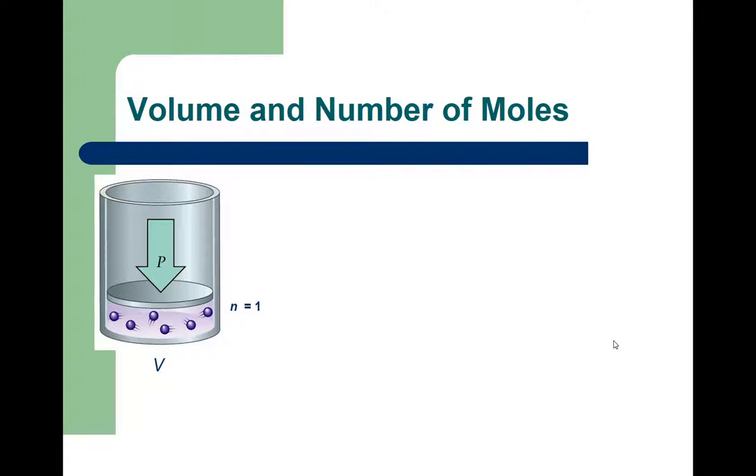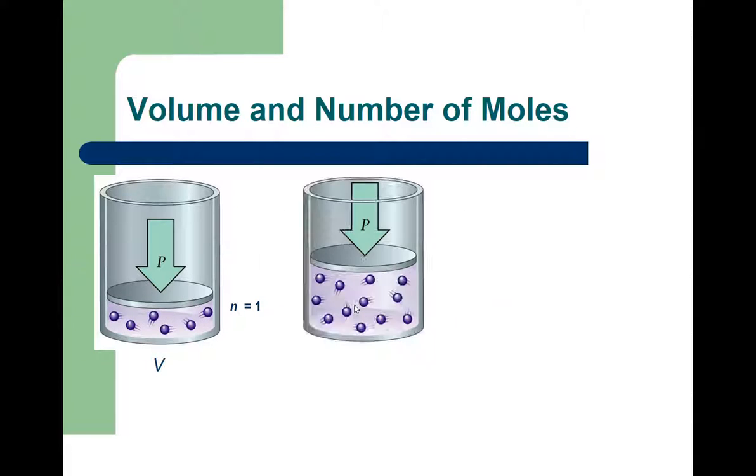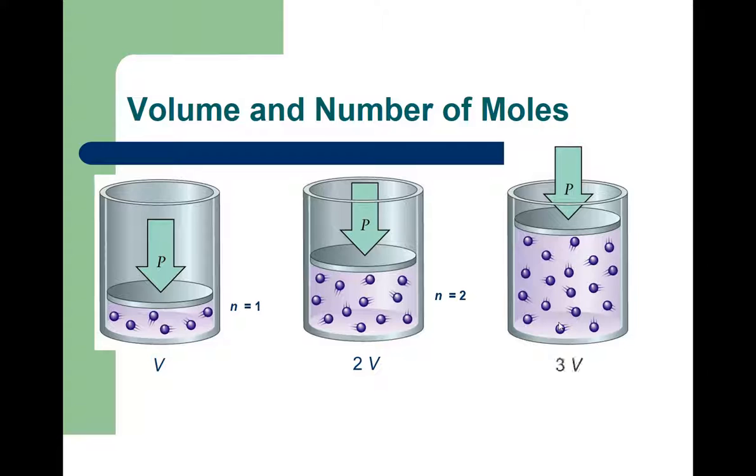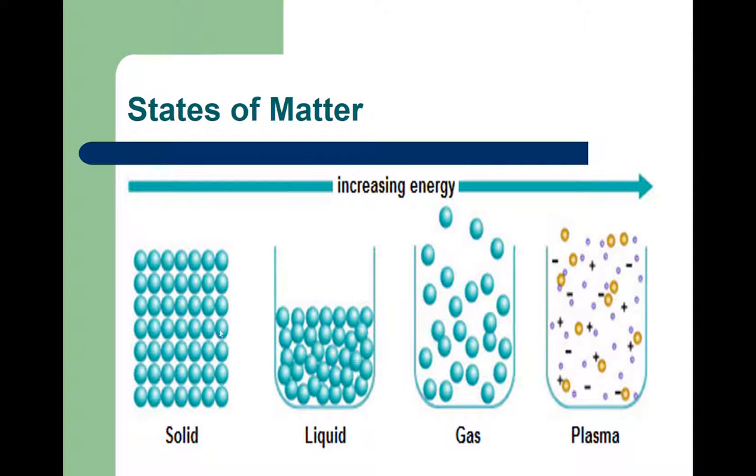So if we look at volumes, there's nothing really to write down right here, we're just using our heads right now. N is considered moles. So if I have 1 mole of some gas in here, I have a certain volume and a certain pressure. If I increase that to 2 moles, then I'm going to have twice the volume at the same pressure. If I increase it to 3 moles, then I'm going to have 3 times the volume at the same pressure.